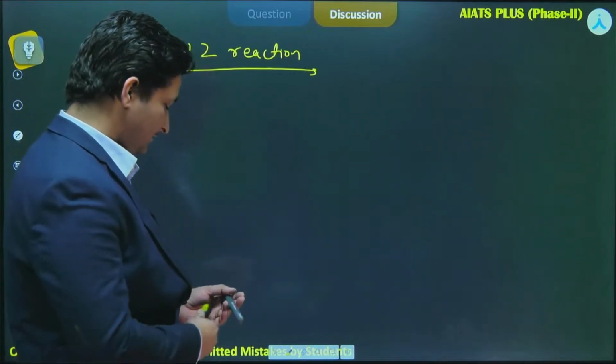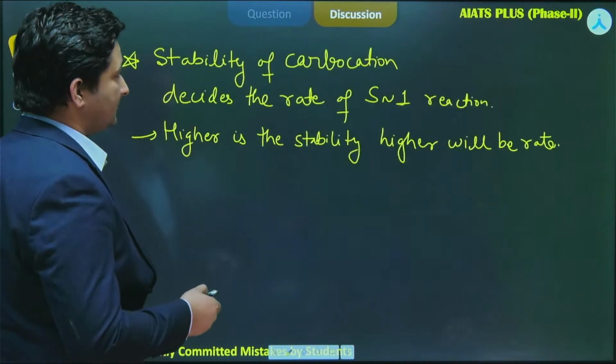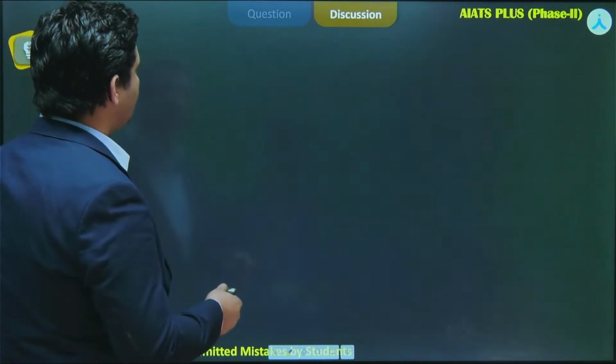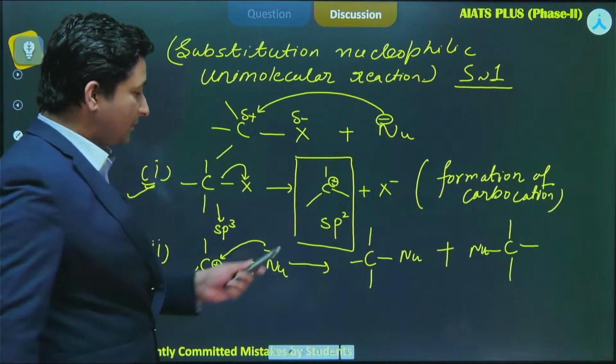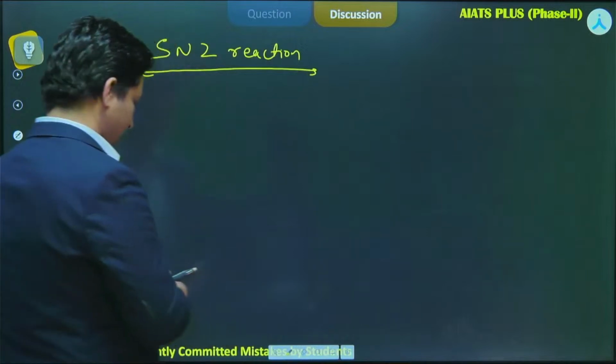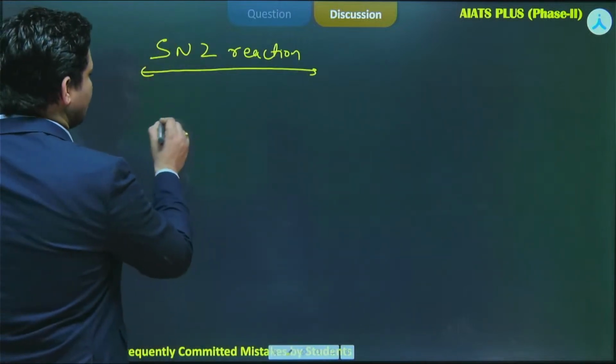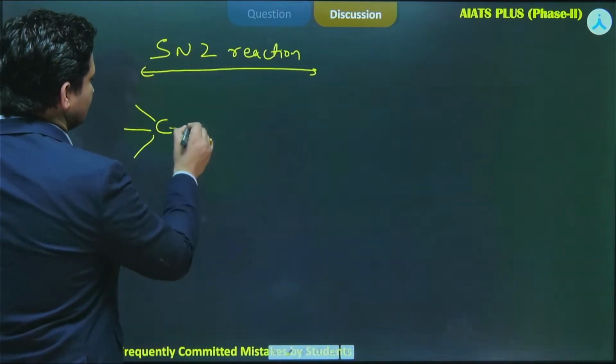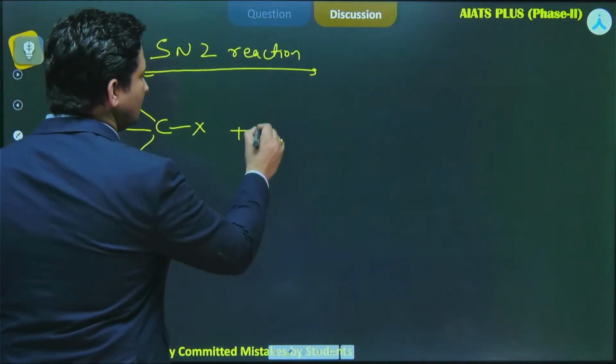See, in SN1 I called that an intermediate carbocation was formed, but here a pentavalent transition state will be formed. So you can see here this carbon and the nucleophile.